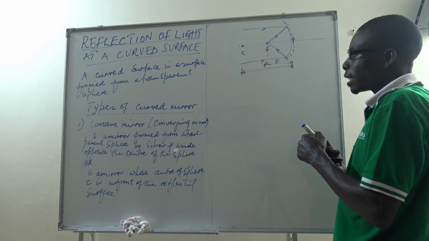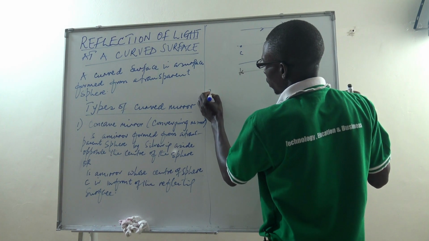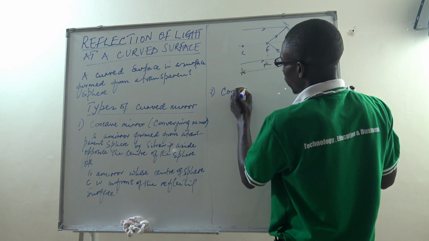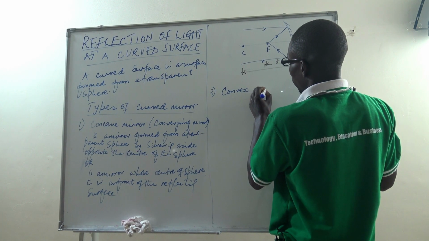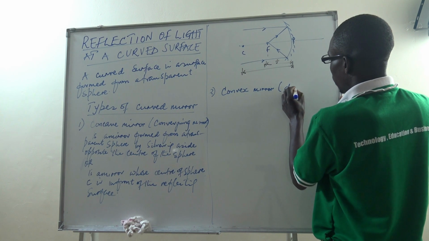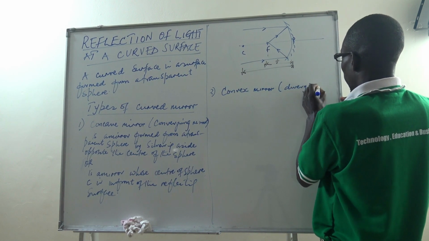And then let's look at the second type. That is none other than the convex mirror, which is the same as the diverging mirror.